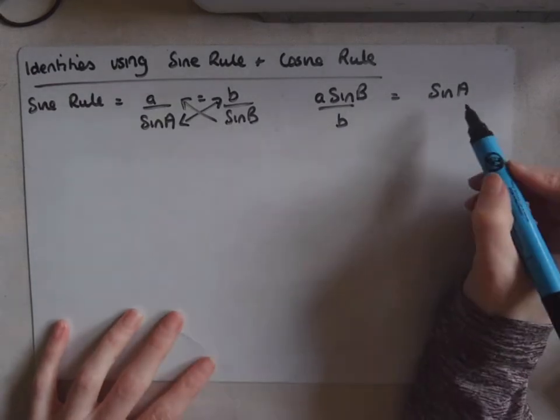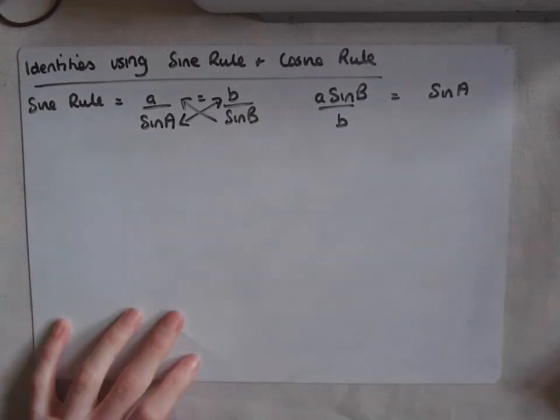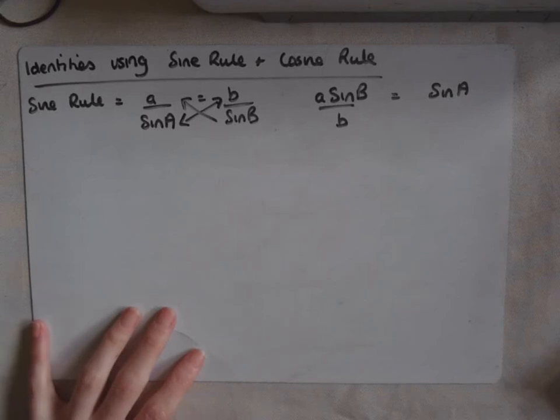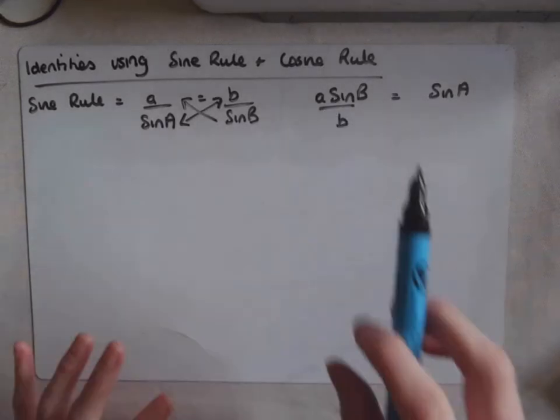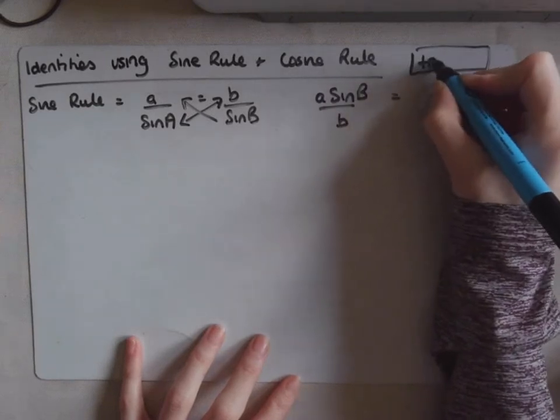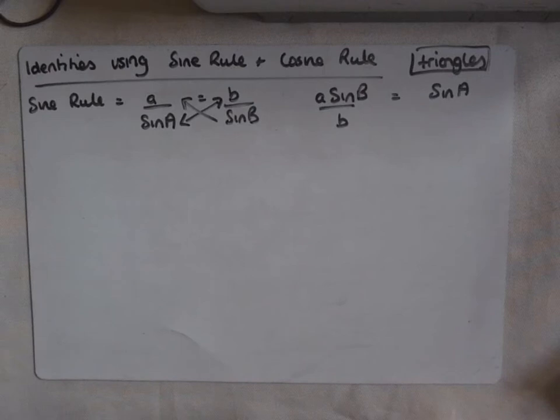So now I have what sine A is using the sine rule. Now, generally, to use the sine rule and the cosine rule, the question is going to mention triangles, so sides of a triangle.